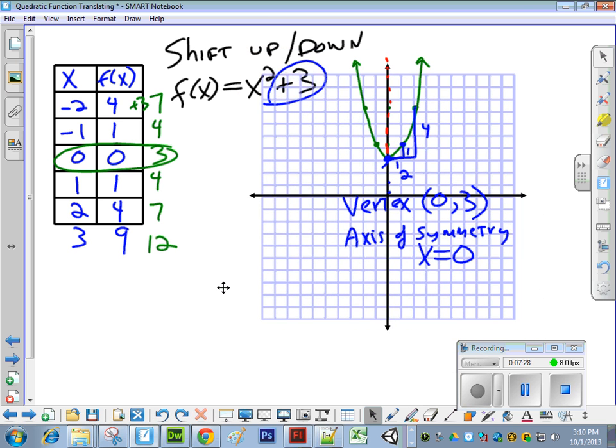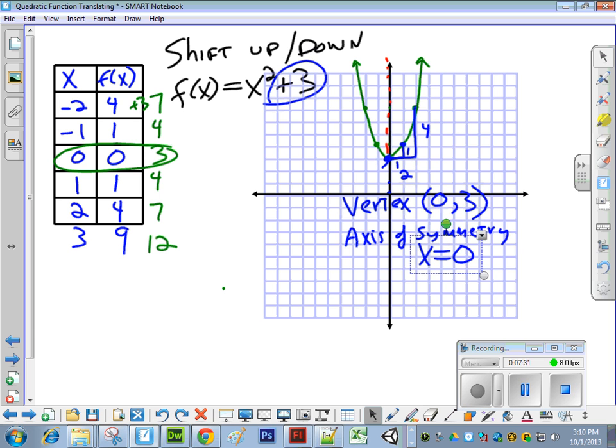Well, let's say that I have f of x equals x squared minus, let's say, 8. Based on this idea, this minus 8 means I'm going to go down 8.